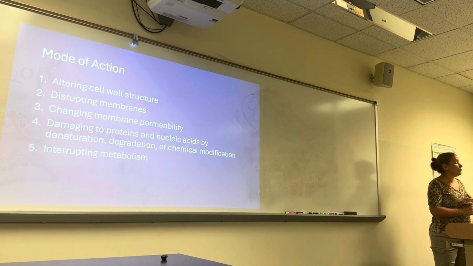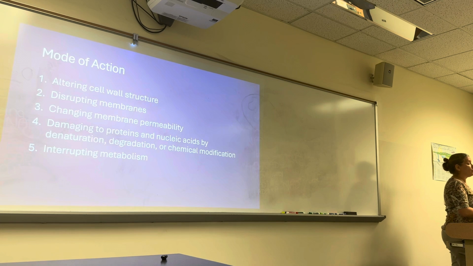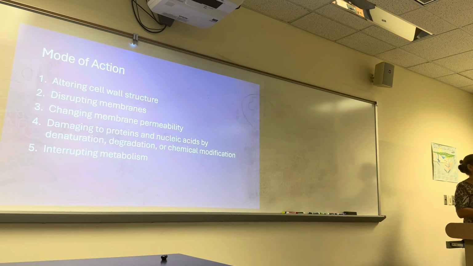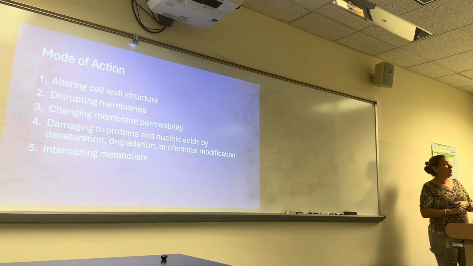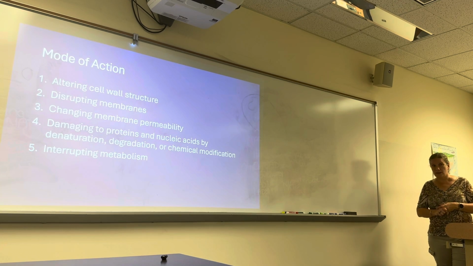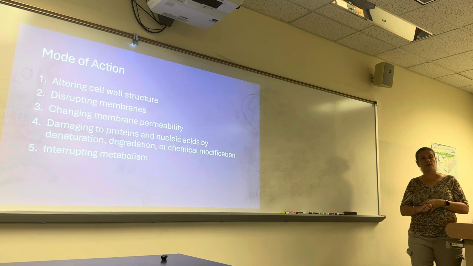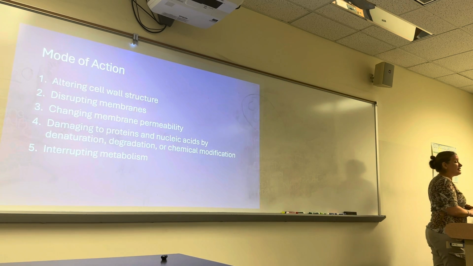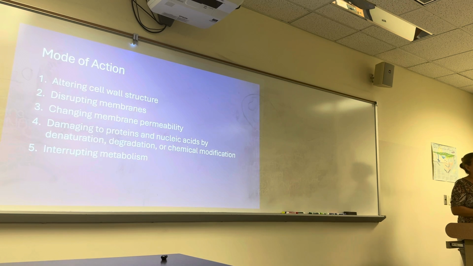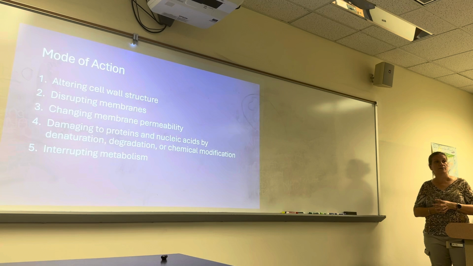Another mode of action is damaging protein and nucleic acids. That can occur through denaturation, degradation, or chemical modification, right? So, a mutagen comes in and interacts with the nucleic acids, and that results in damage. Something as simple as heat is going to denature proteins. Well, it's also going to denature nucleic acids.